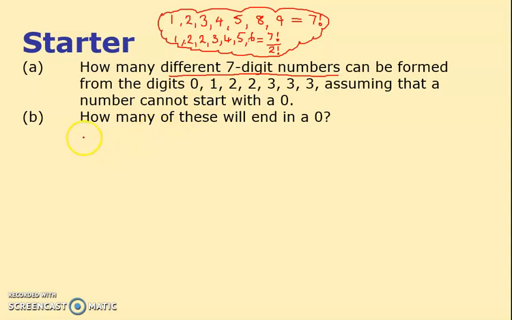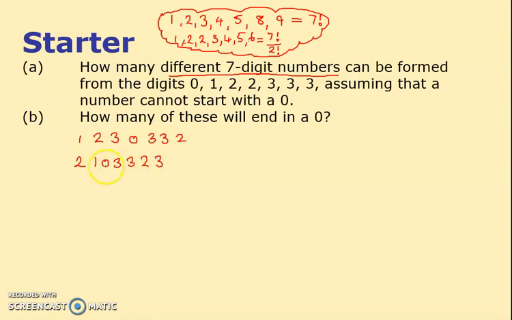So for instance, I could make one up and start with 1, 2, 3, 0, 3, 3, 2. That would be one possible number. But I could instead, for instance, start with a 2, and that would be like 2, 1, 0, 3, 3, 2, and what am I missing? A 3.